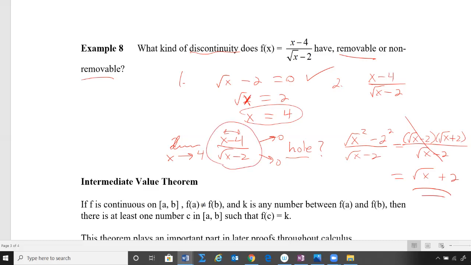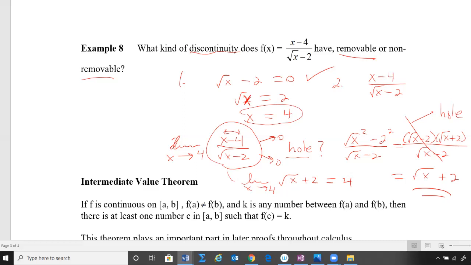Now, if you look at what happens at 4, remember, you're finding this limit over here. It's now equal to this, whatever this is. Well, that looks like it's actually a 4, isn't it? So because this canceled, this tells us that we have a hole, since the denominator can no longer be 0 now at x equals 4.